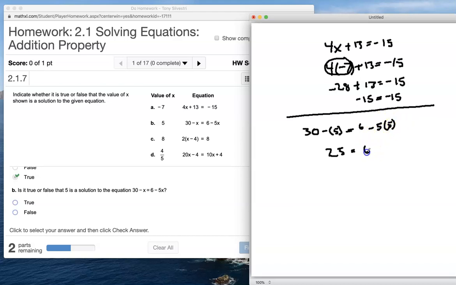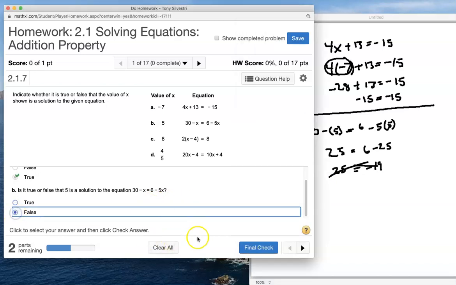So 6 minus 25. And it's not looking good for this value, because 6 minus 25 is -19. And -19 is not equal to 25. Nope. No good. False.